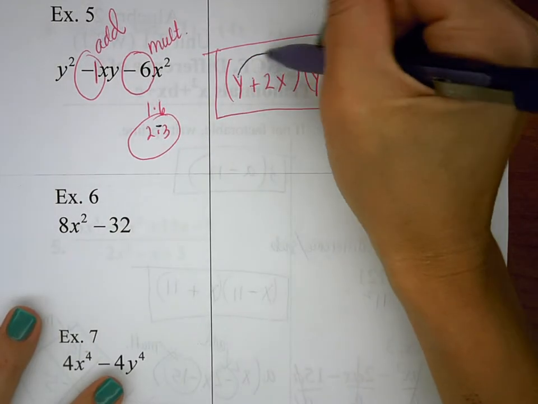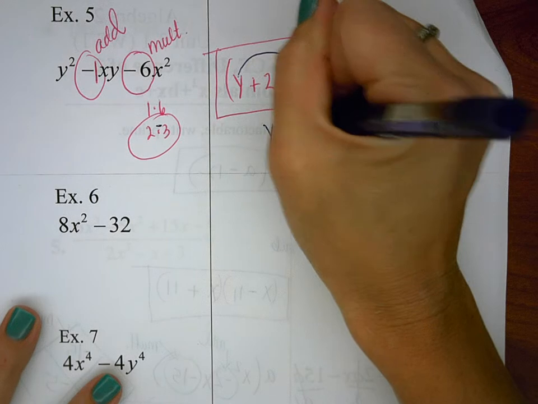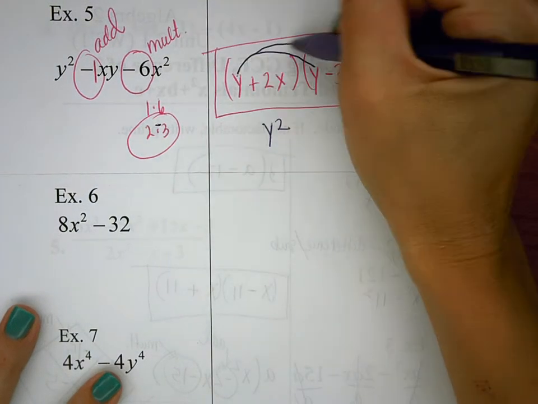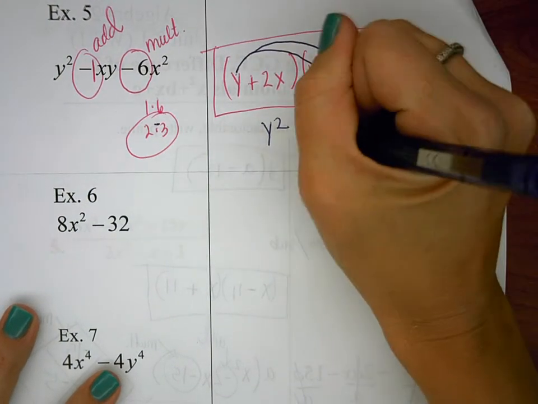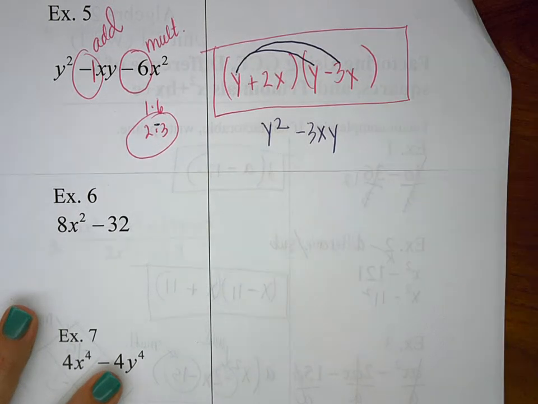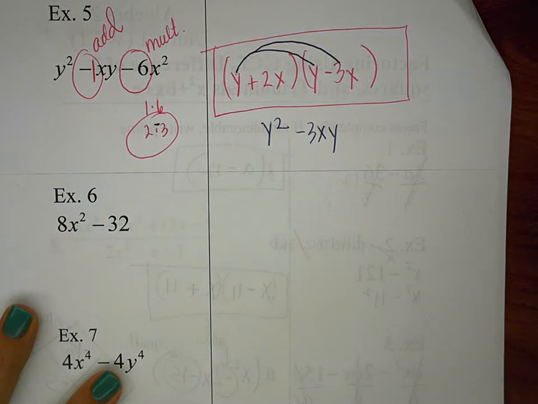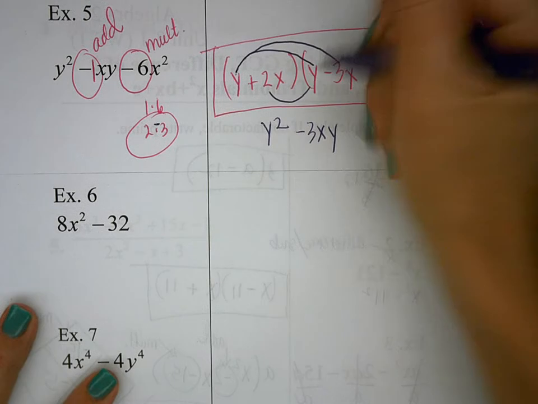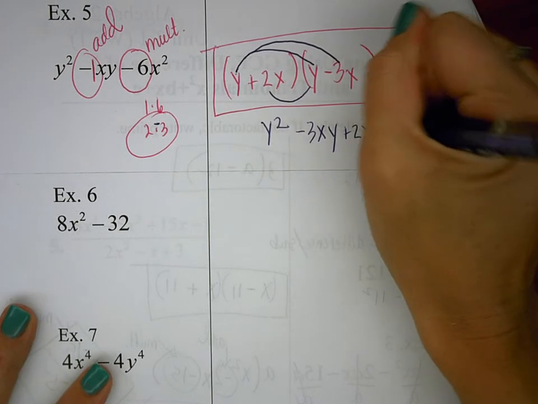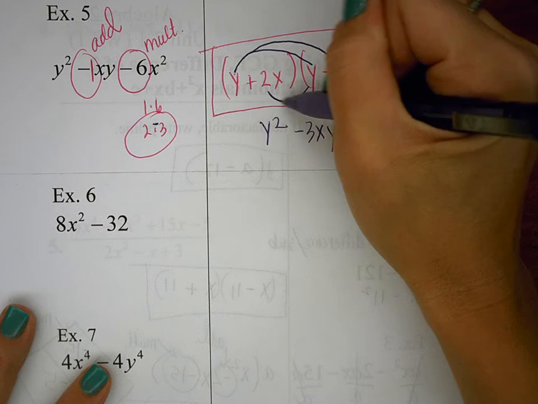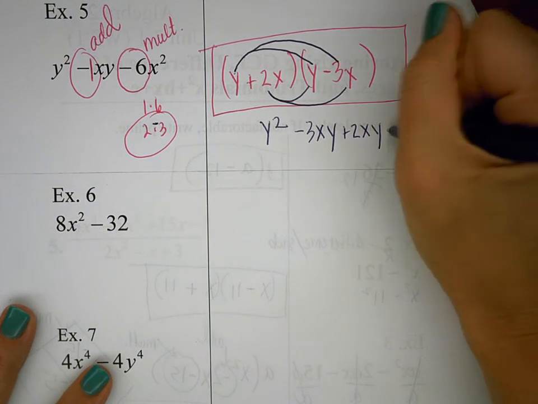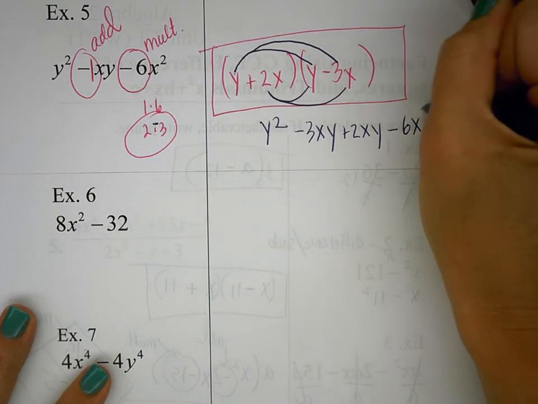Y times y makes y squared. Y times negative 3x makes negative 3xy, because we always write in alphabetical order. 2x times y makes a positive 2xy. And then 2x times negative 3x makes a negative 6x squared.